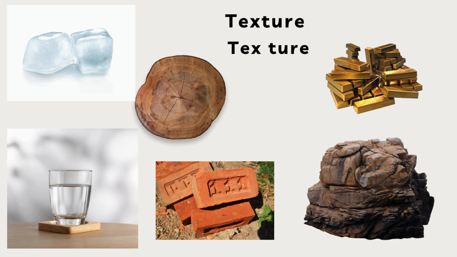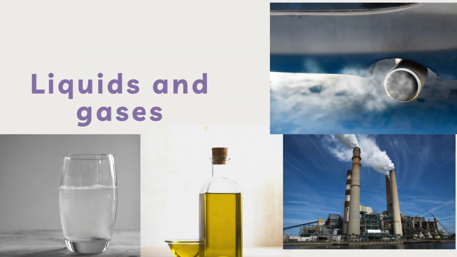The gold looks shiny and the others are rough. Also here we have water, and water is a transparent liquid. So here we have different matter that we can describe by the shape, the color, the texture, the hardness, all of these.